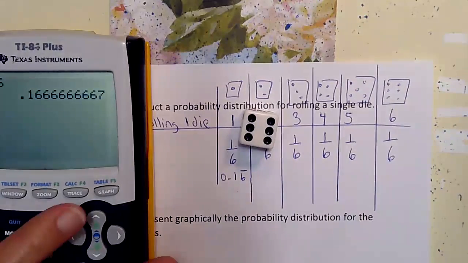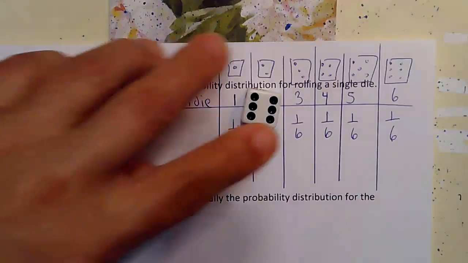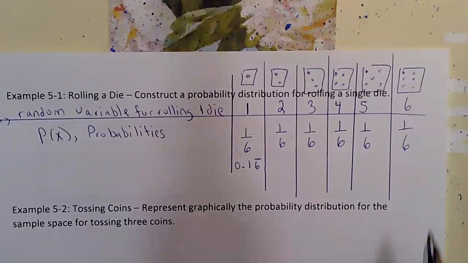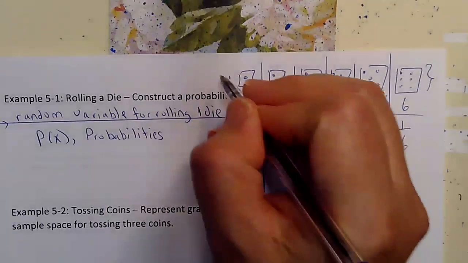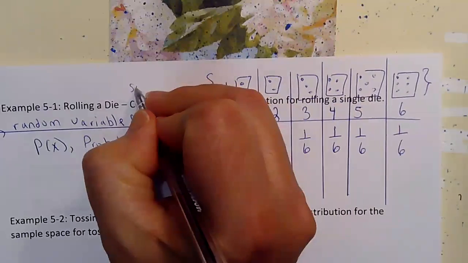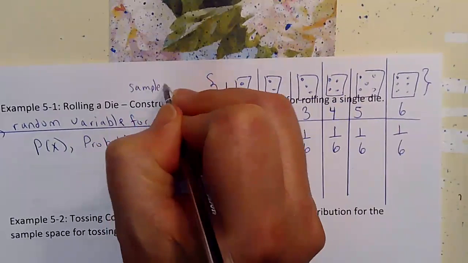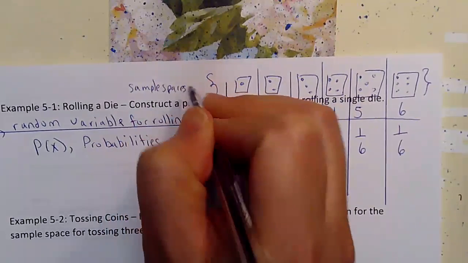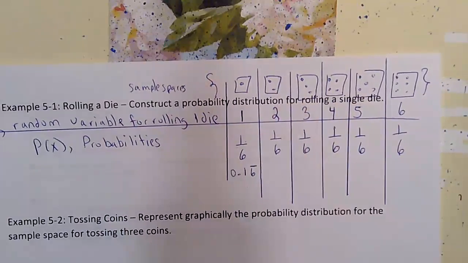These are all going to be 1/6. So really, these up here are like your sample spaces.